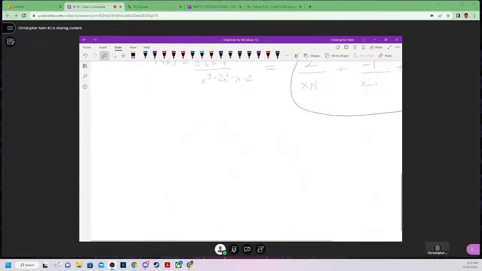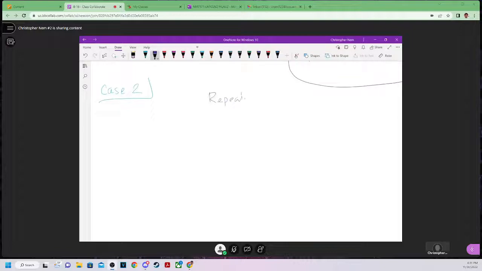So that's case 1. Case 2 is, remember, we're only going to cover 3. Repeating linear factors.